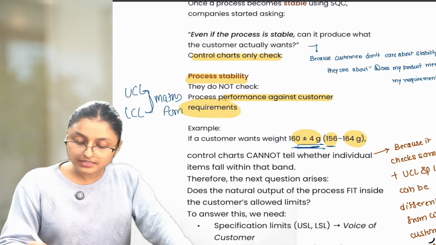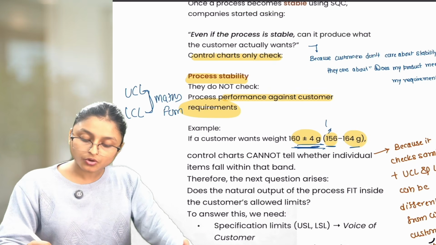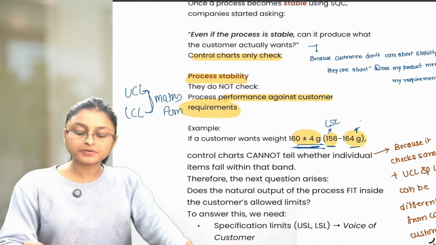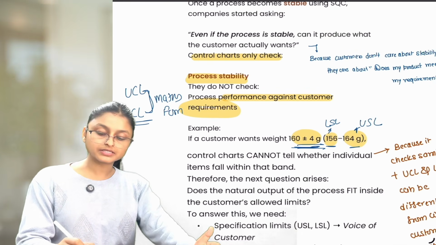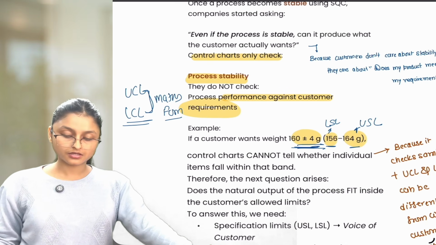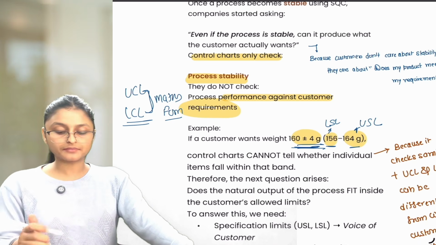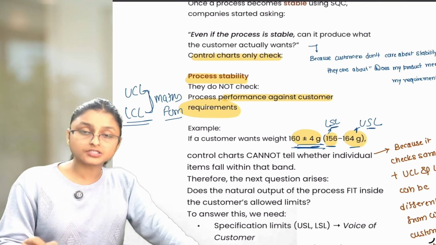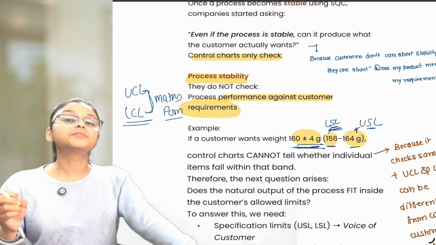And these limits which are set by the customer are known as lower specification limit and upper specification limit. Control limits are set by a formula which makes sure your process is stable. But to see whether you are able to fulfill the customer requirements, you need to use some other limits set by the customer, known as lower specification and upper specification limits.